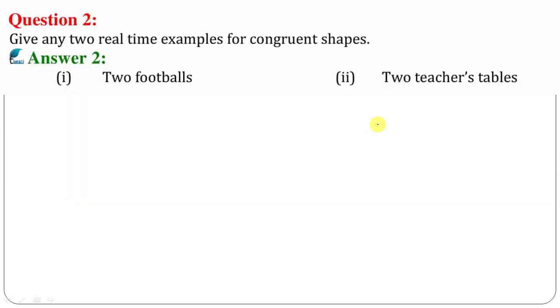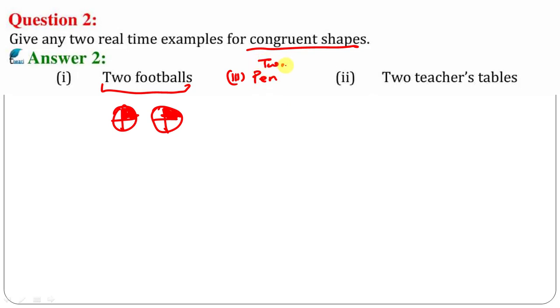Next is, give a real life example of congruent shapes. A real life example is two footballs having the same shape and size. Another example is two teachers' tables, or two pencils, which you can draw.